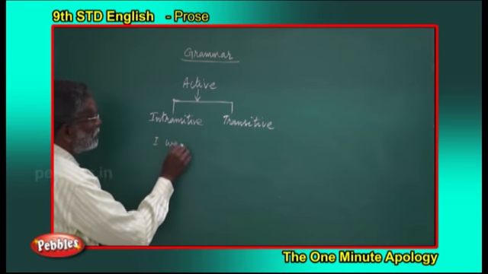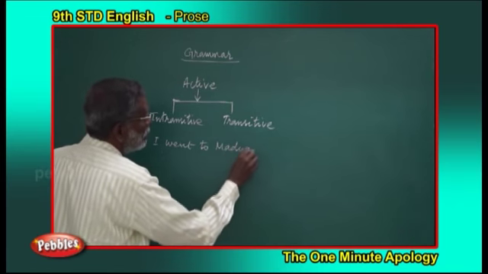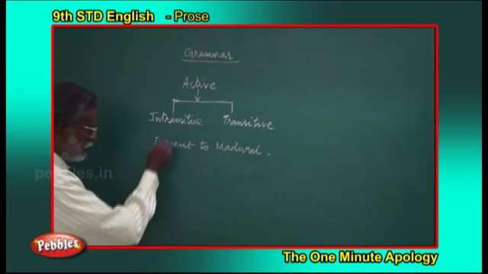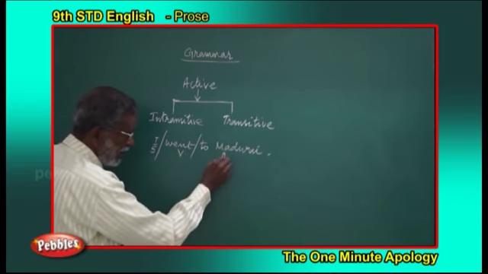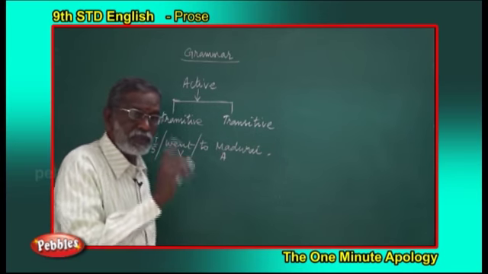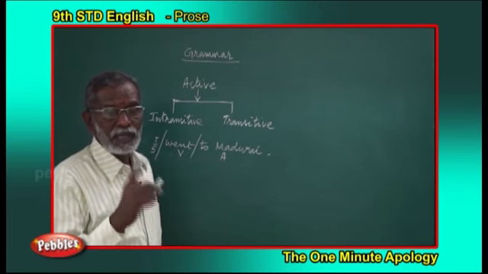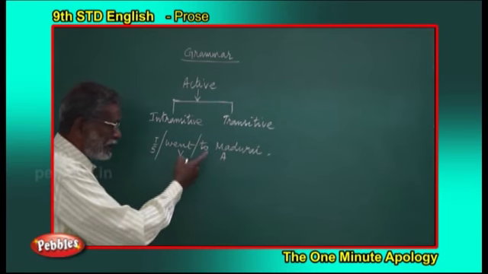I went to Madurai. Here we have subject and verb, and this one is an adjunct. And if there is an object, we can change it into passive. If there is no object, we cannot.